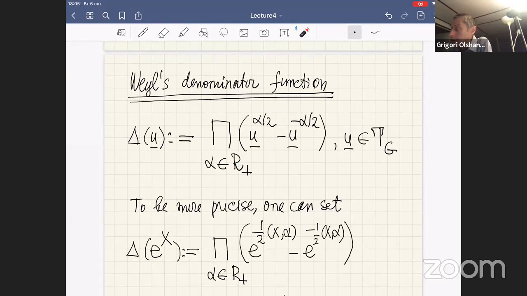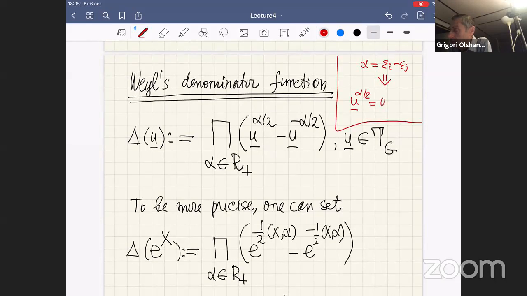In particular, one can take here alpha equal to, so then this object is the following. And so on. If you have plus, then you have plus and plus, and so on. So this is the definition.